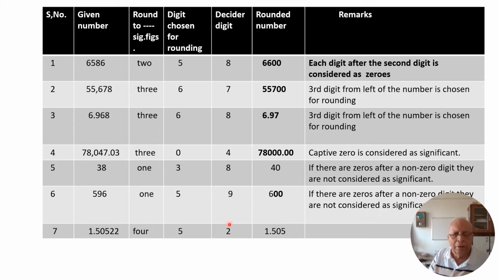The decider digit is also given in the table, and the rounded final number is also provided. Please, you may pause the video for some time to go through both the tables, the earlier table and this one, so that you get the correct understanding of the two methods of rounding.